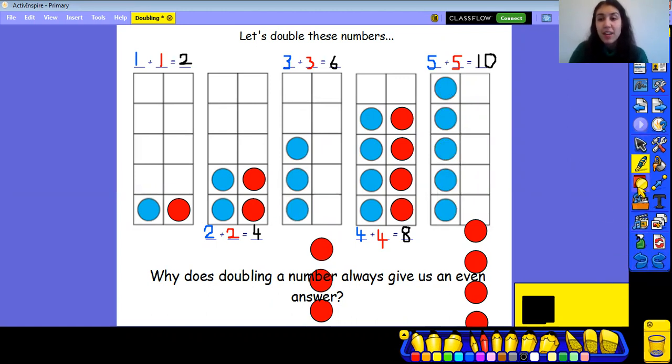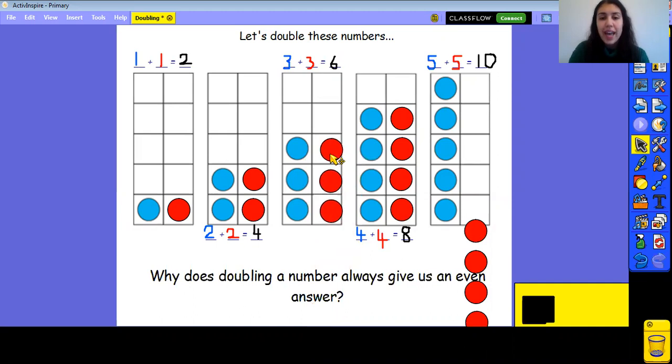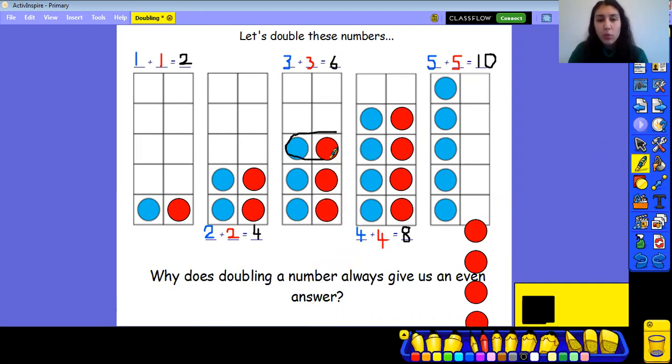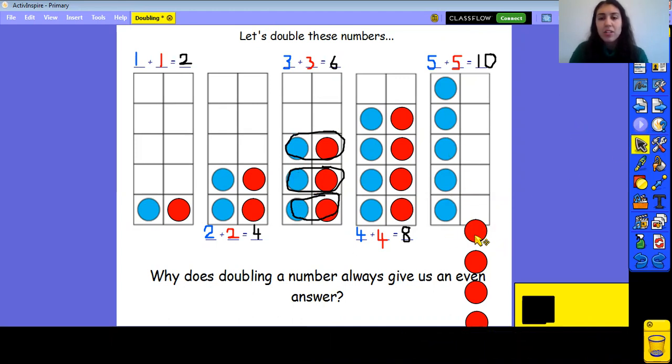So even when I start with an odd number, when I double it, it becomes an even answer. And that's because each one of these counters will get a friend. So now you can see that it will always have a partner. And it's the same with our 5. So even though this is odd, when I double it, there will now be twice as many, so they will all have a friend.